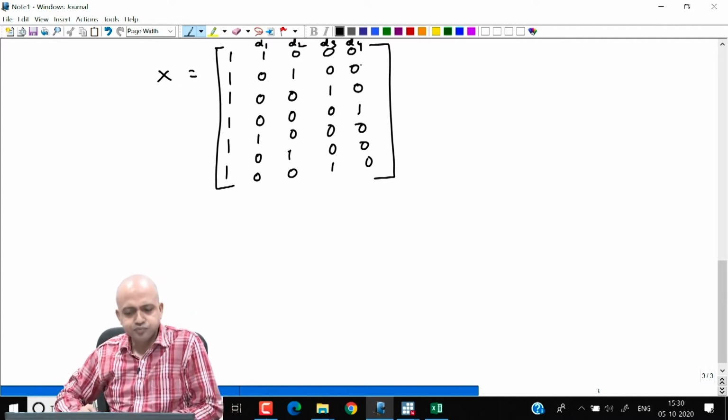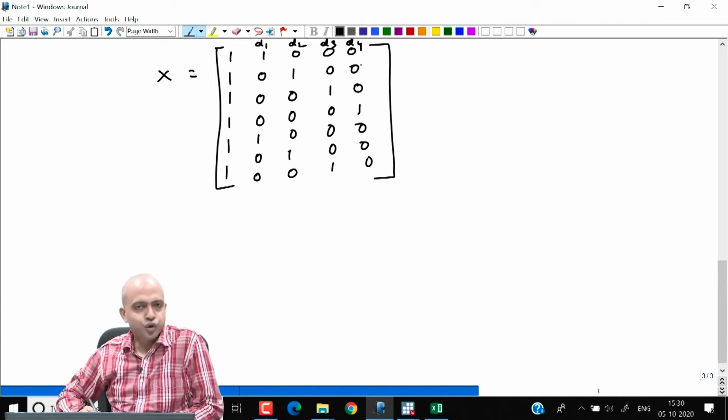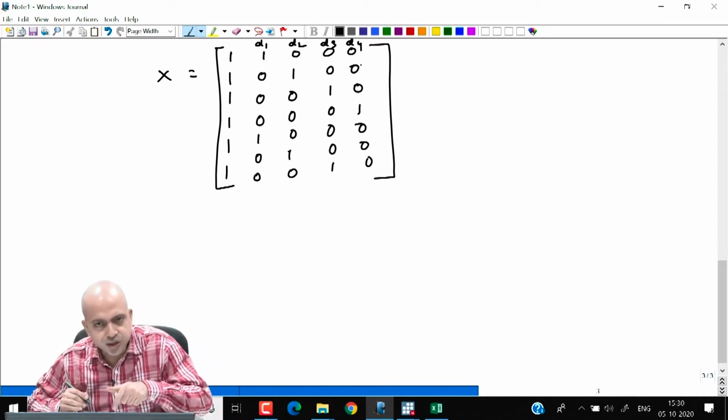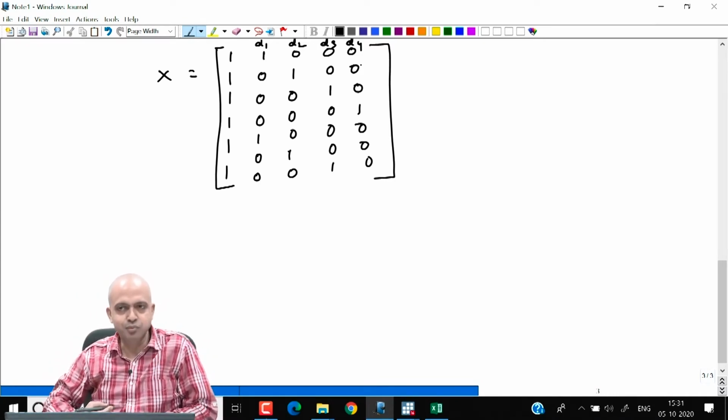Now, if you go back to your basics of matrix algebra, any of these columns can be transformed by a simple linear transformation.